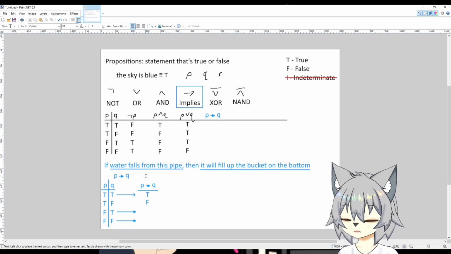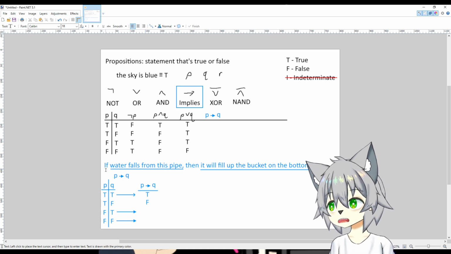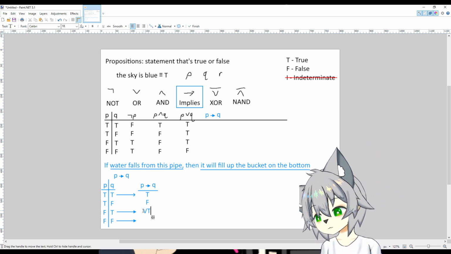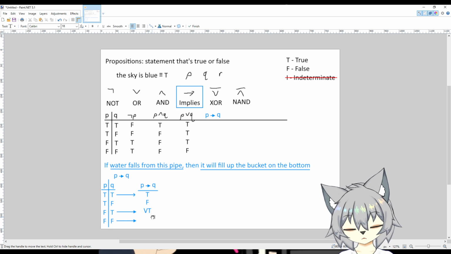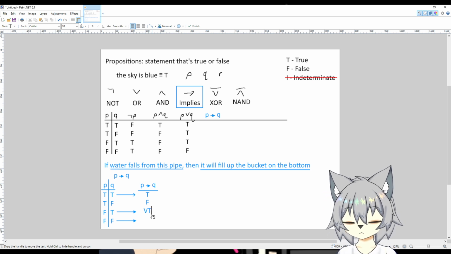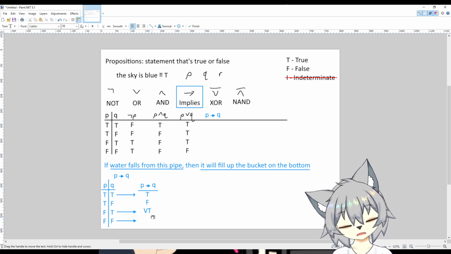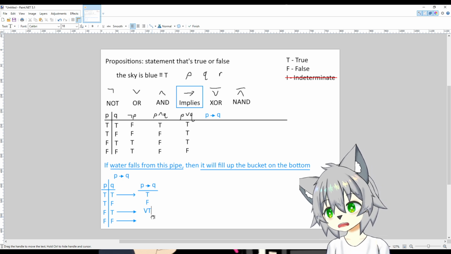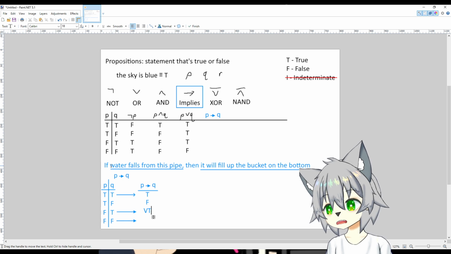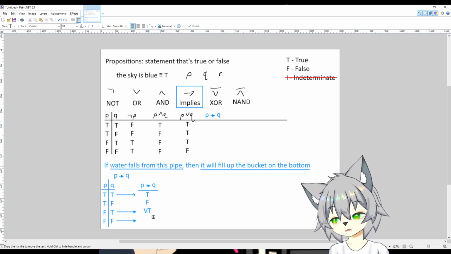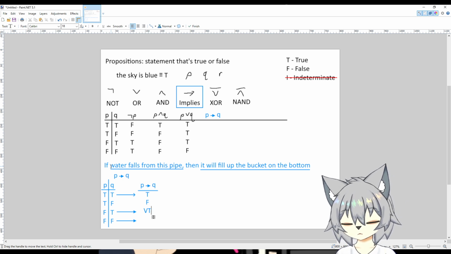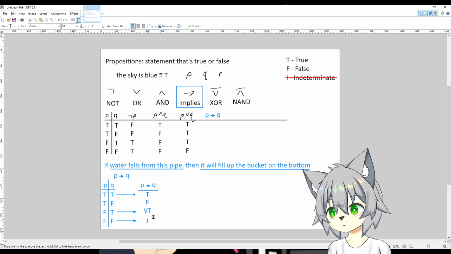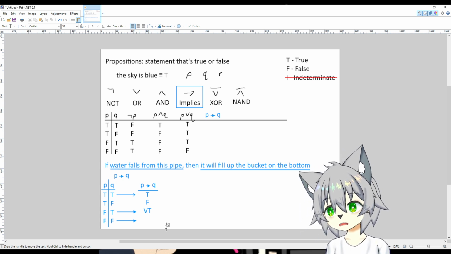So basically, we have this thing called vacuous truth. Vacuous truth is effectively when P implies Q is true because the implying proposition P is false.